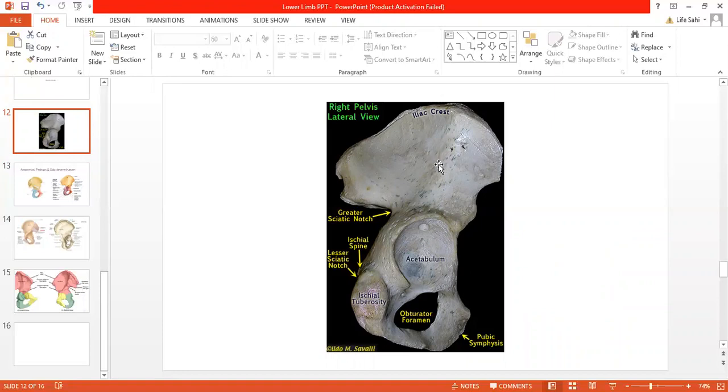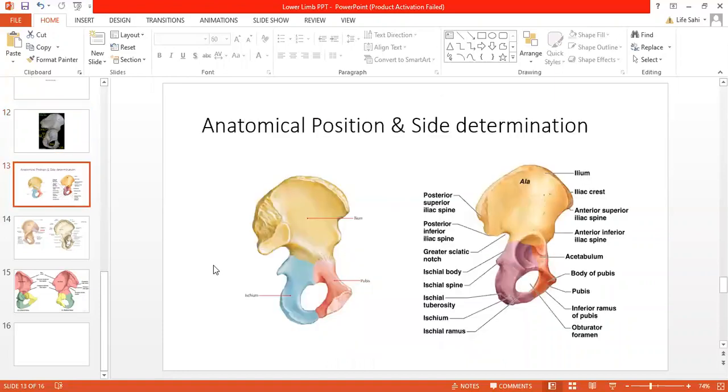The second point that we can take into consideration is the laterally placed acetabulum. In this diagram, you can see acetabulum is directed laterally or almost posterolaterally. Acetabulum is important in the formation of the hip joint because it's a hollow fossa, and this hollow fossa called acetabulum receives the rounded head of femur to form the hip joint.